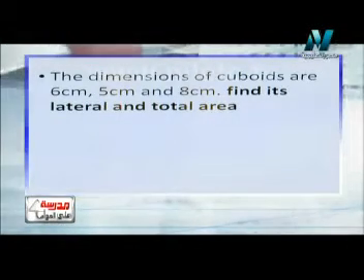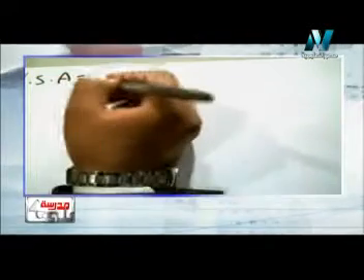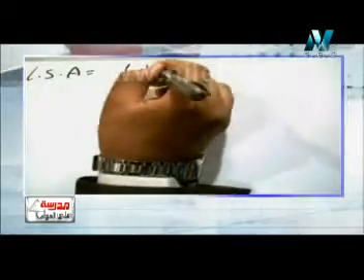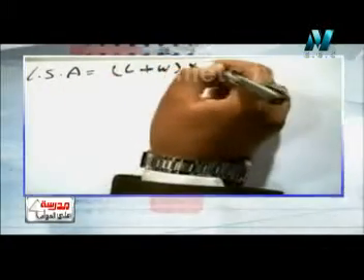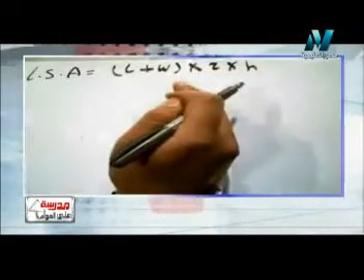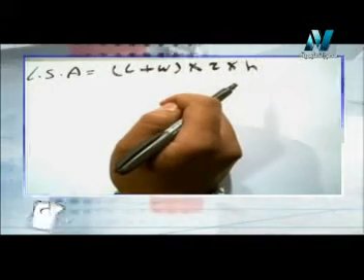The lateral area of a cuboid equals length plus width times 2 times the height. Why length plus width times 2? Length plus width times 2 is the perimeter of the base. The lateral surface area of a cuboid equals perimeter of base times height.